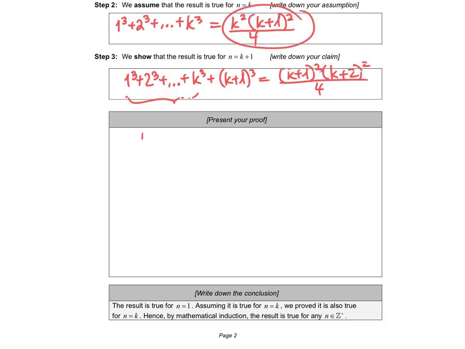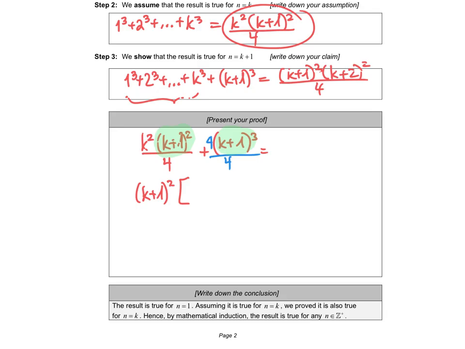So I'm going to rewrite k squared, k plus 1 squared over 4 plus k plus 1 cubed. Okay, so then we will get the same denominator, 4 over 4. And then we can take out a k plus 1 squared, that's in common here and here.